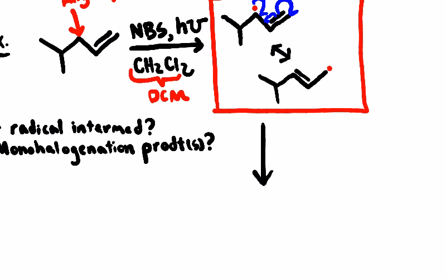So for our final products, the final products are going to correspond to bringing in a bromine, because remember NBS stands for N-bromosuccinimide, and it's our source of bromine radical. The bromine radical is going to come in and will form a bond between bromine and the carbon radical that we see here in these 2 possible resonance structures. So our final product will correspond to putting a bromine in.